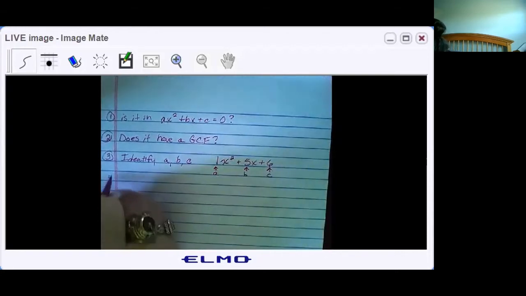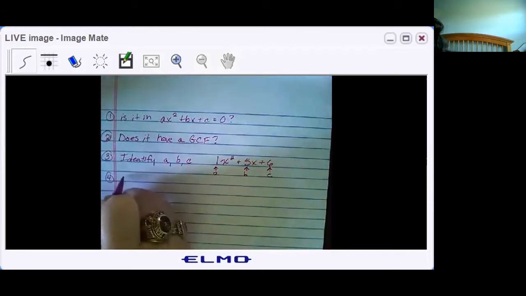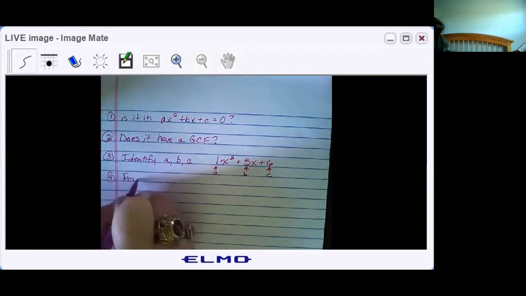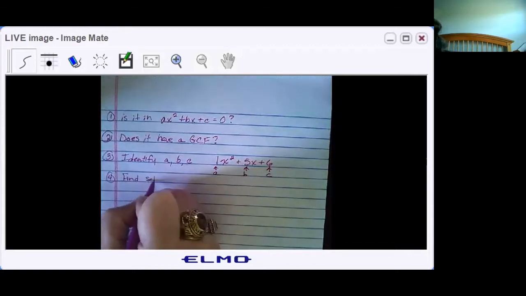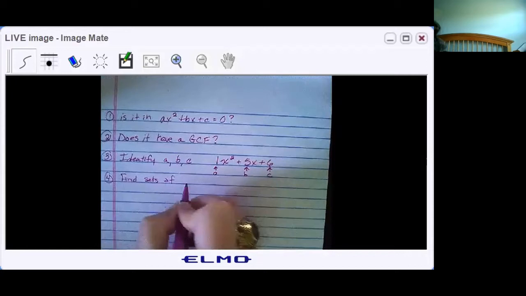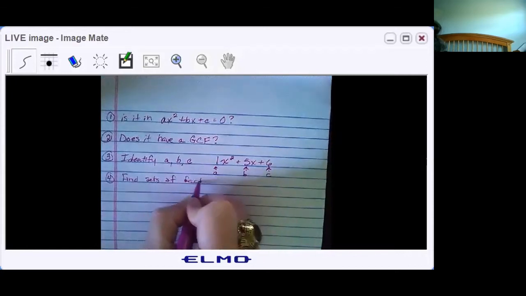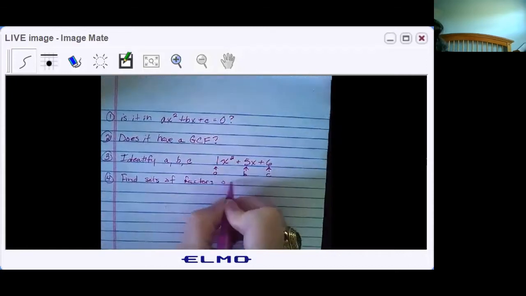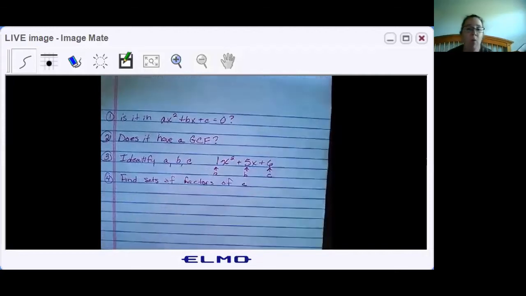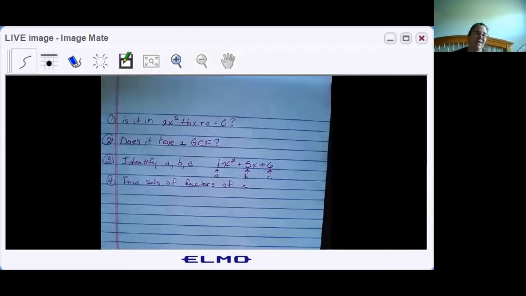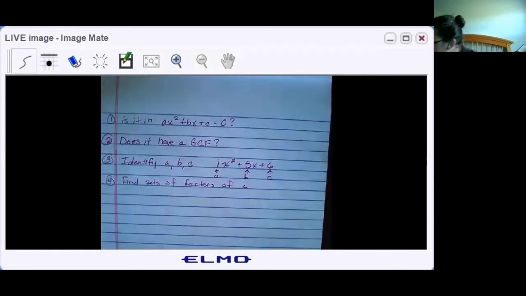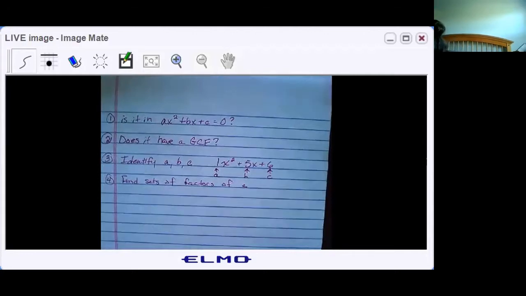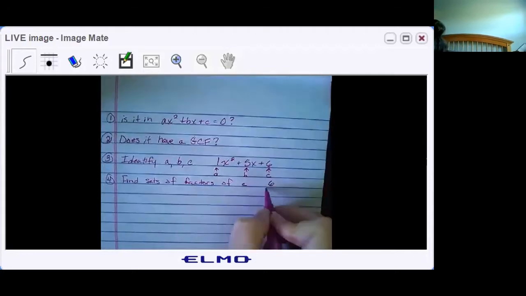Now, we're going to take C, and we're going to find sets of factors of C. So what numbers can I multiply together to give me 6? 6 can either be 1 times 6 or 2 times 3.